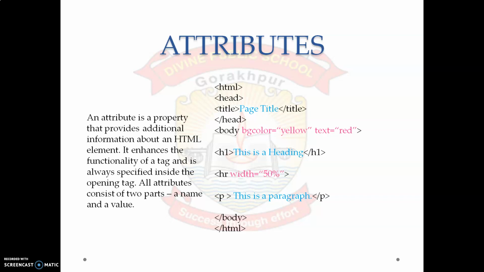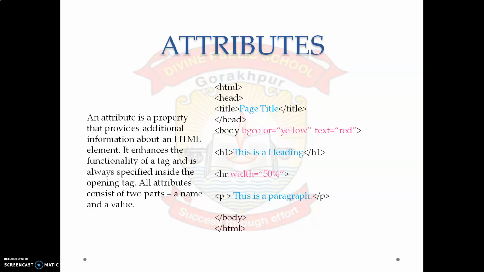All attributes consist of two parts, a name and a value. Many tags have some attributes, and we can change the property by using these attributes.